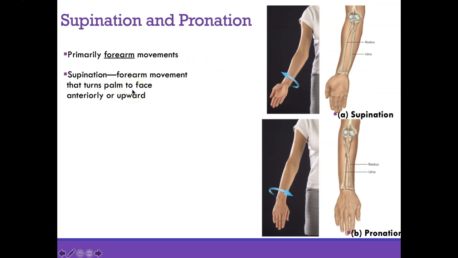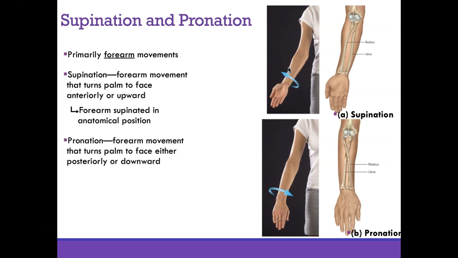So supination is when your forearm movement is turning your palm to face up. Right? The forearm is supinated in anatomical position. When you pronate, that means you're moving your forearm to turn your palm downward or posteriorly. And in the pronated state, your ulna and your radius actually cross over. They actually make like an X with each other.